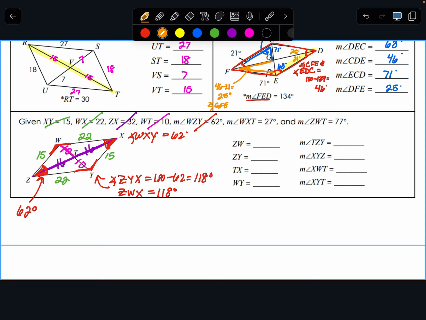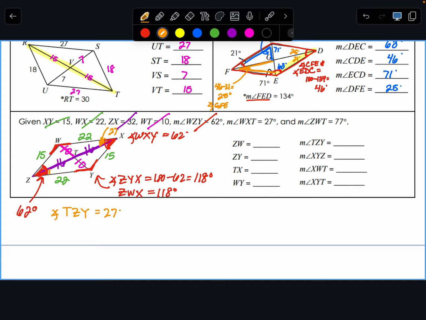Then it says WXT. So this little half in here is 27. That means that, not WZT, if this is 27, then TZY is 27. TZY is 27.